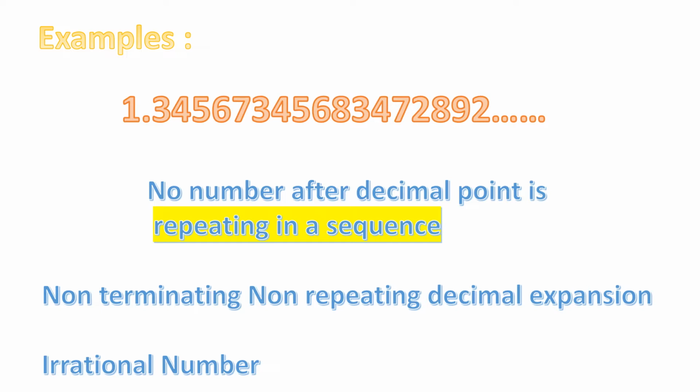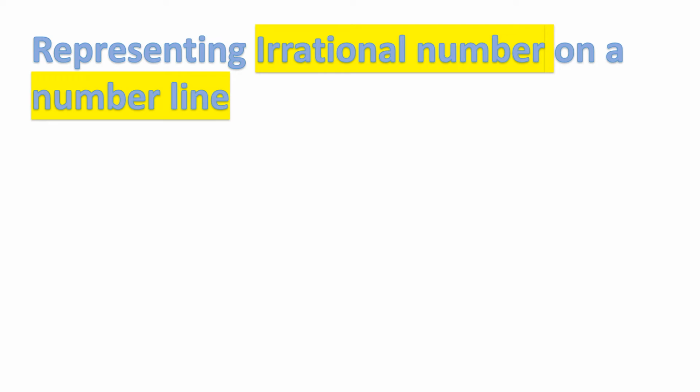Now let's look at the next thing. Now, the next thing that we're going to study is how to represent an irrational number on a number line. So, two things that you need to notice in this portion is what are irrational numbers. The irrational numbers that you know are numbers with non-terminating, non-repeating decimal expansion, right?